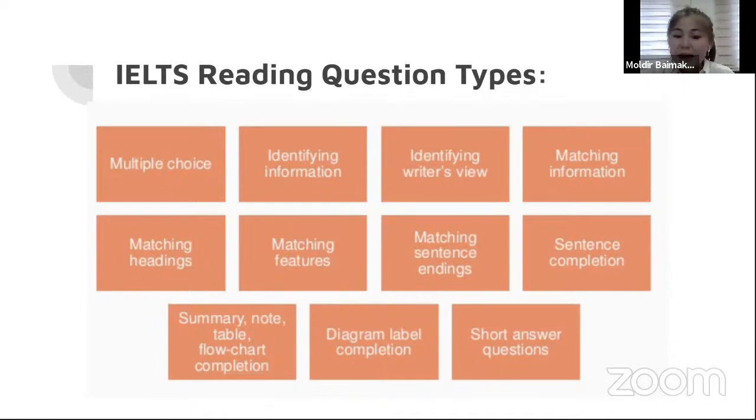Okay, and matching features. Well, this is not as difficult as matching headings, but still it can be challenging. However, matching features is mostly not that you have to name the paragraph. It is like matching information most of the time. They are really similar. For example, there are some scientists mentioned in the text, and their ideas will be given to you.